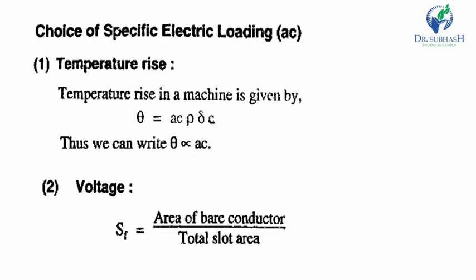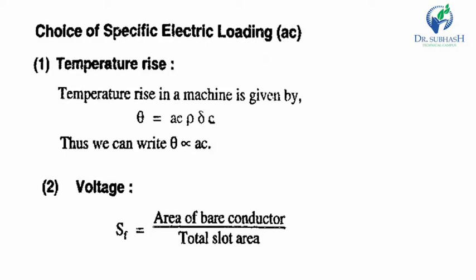Now the second one is voltage. Here we see the equation of space factor, which is equal to the area of bare conductor divided by the total slot area. Now we see how the voltage affects the specific electric loading. In any high voltage machine, we need a higher level of insulation.